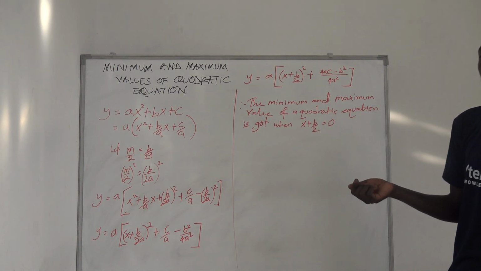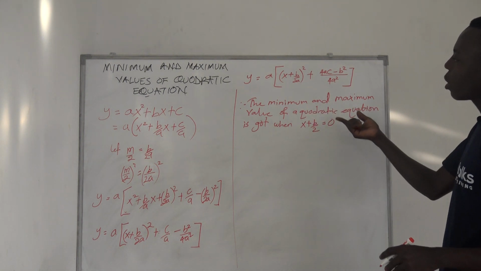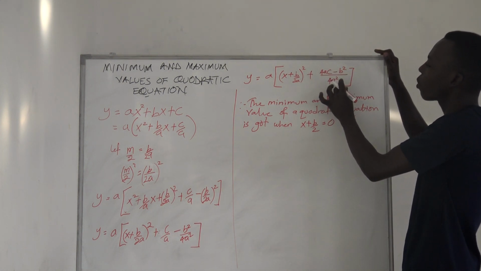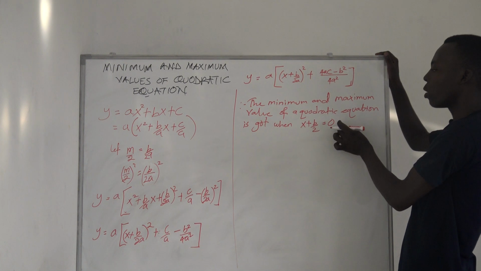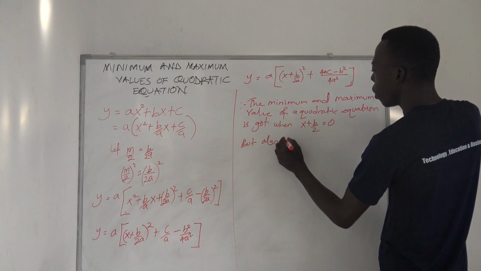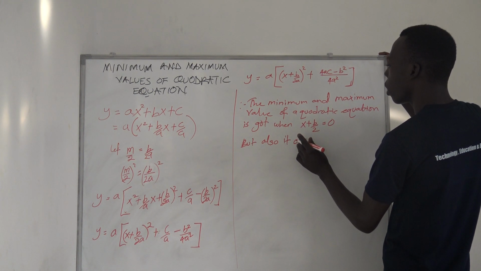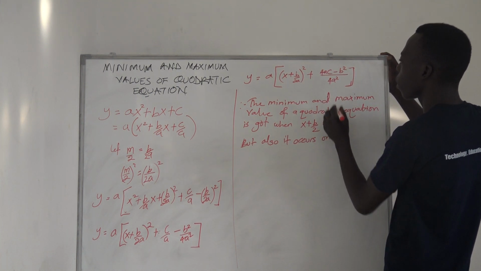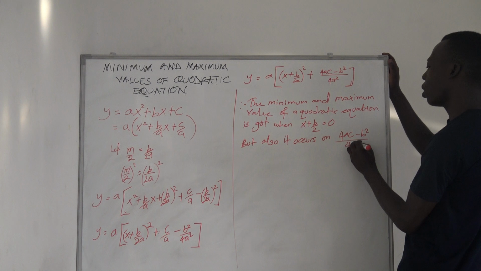And also it is got when x is equal to this one, but also it occurs on 4ac minus b squared out of 4a squared.